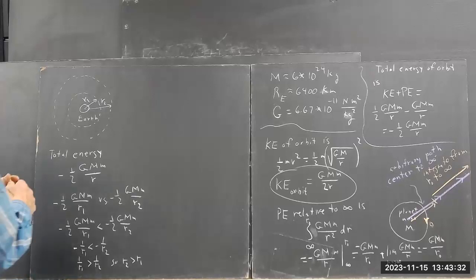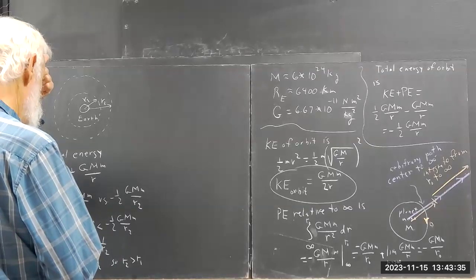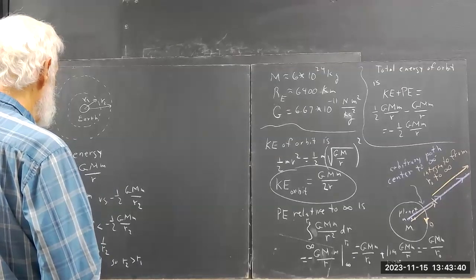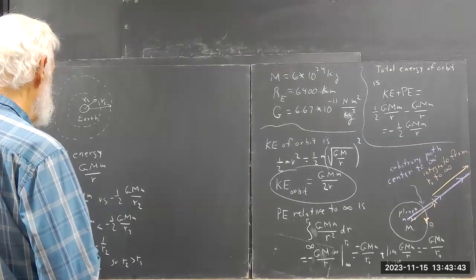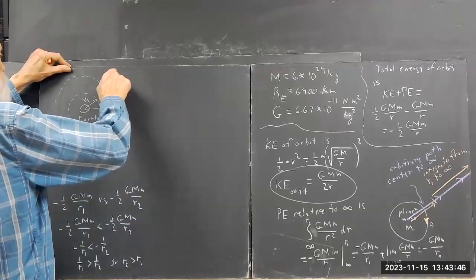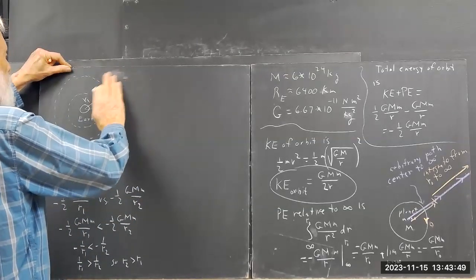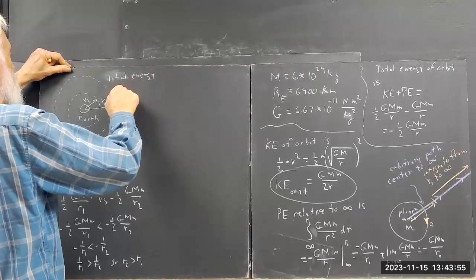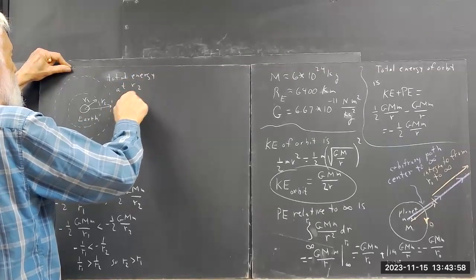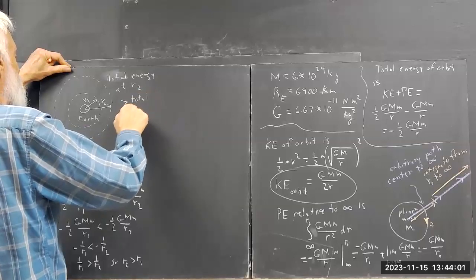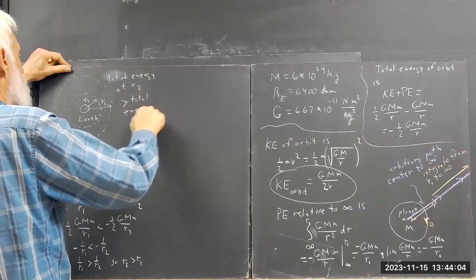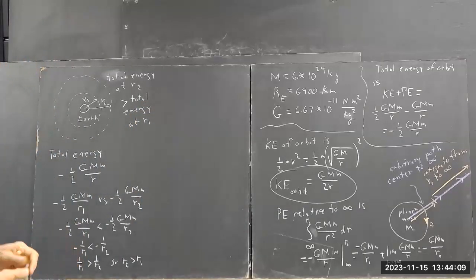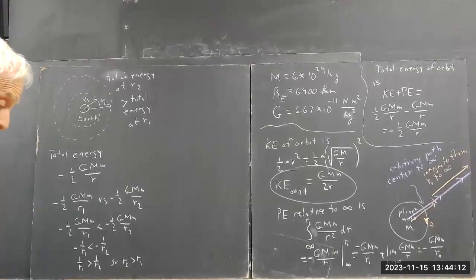So that pretty much nails that the total energy at R2 is greater than the total energy at R1.